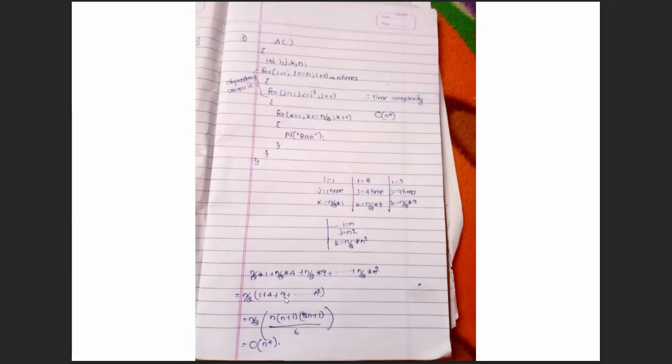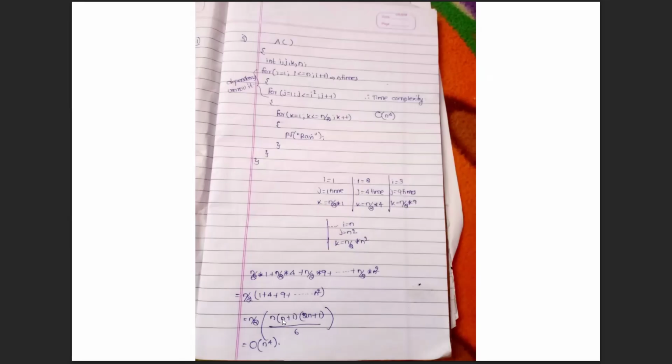So what is the formula for the sum of squares of natural numbers? n into n plus 1 into 2n plus 1 by 6. So multiply this and n into n into 2n, 2n cube. So 2n cube into n, 2n power 4 by 12.